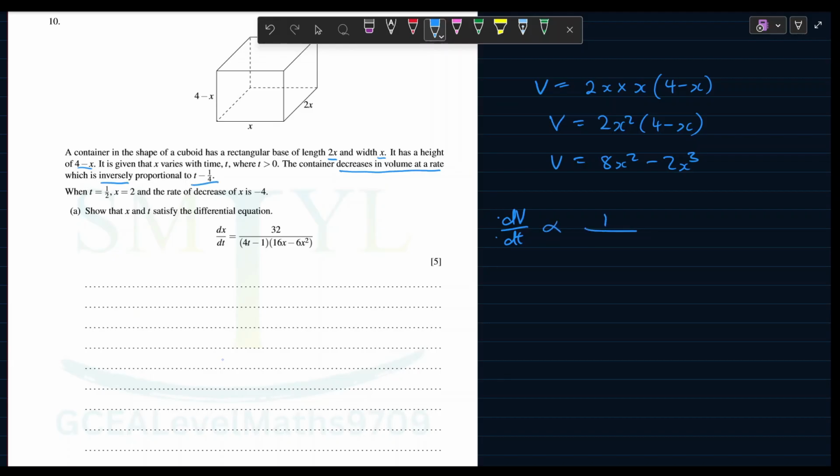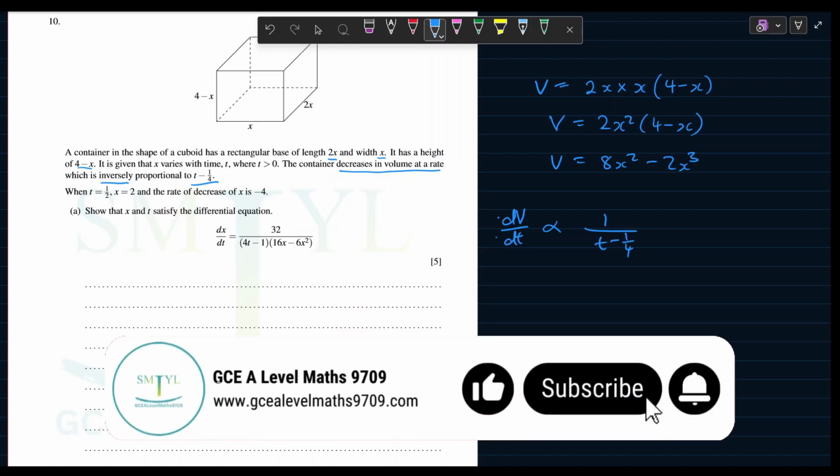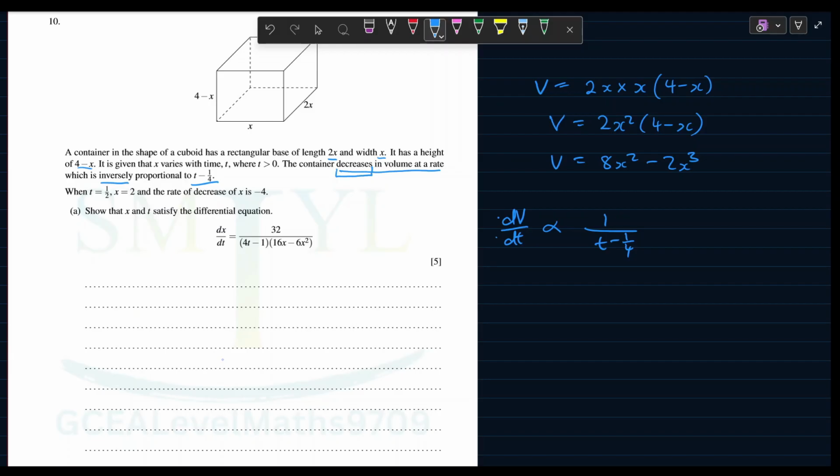So we're looking at 1 over t minus a quarter. But also take note that they say decreases. So this is actually negative. Okay, and so if we get rid of the proportionality sign and we move to an equal sign, we get our constant of proportionality, and this is t minus a quarter.